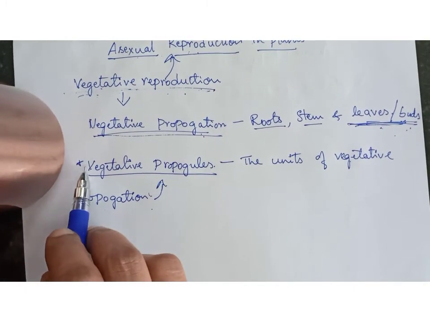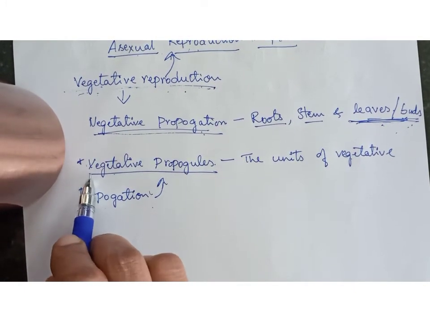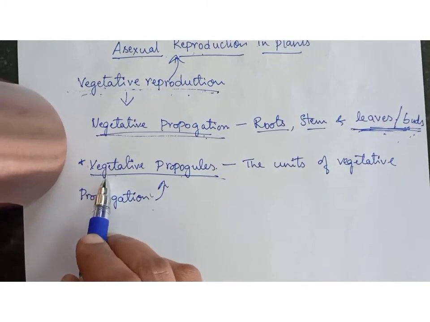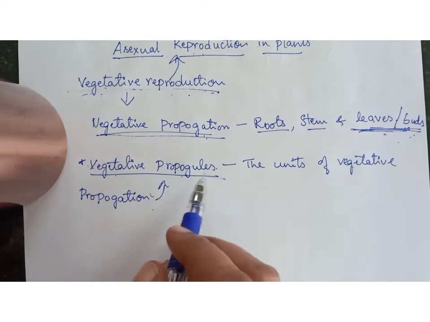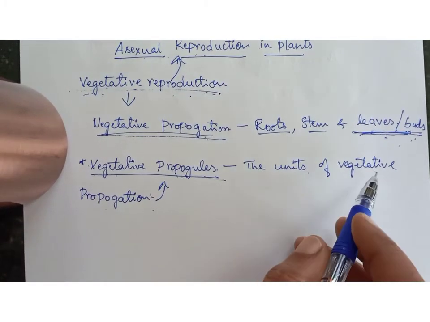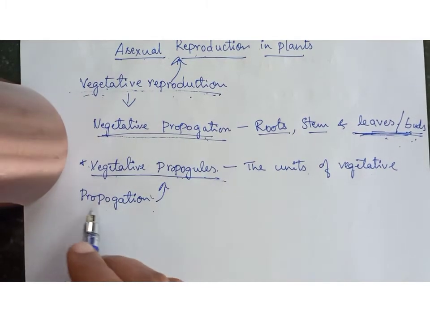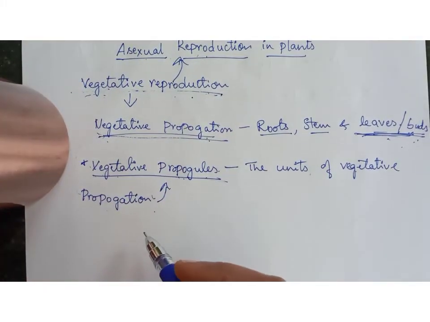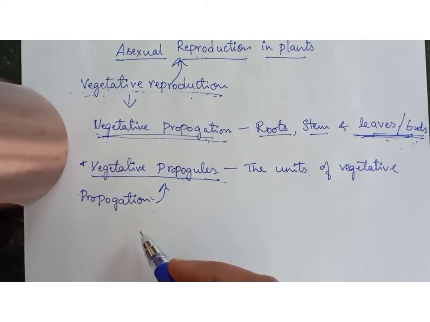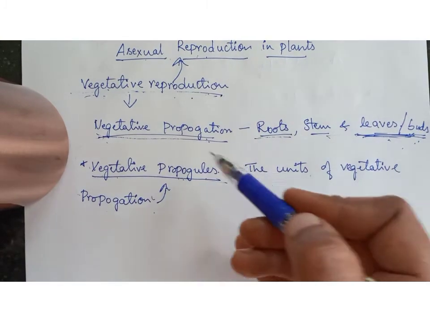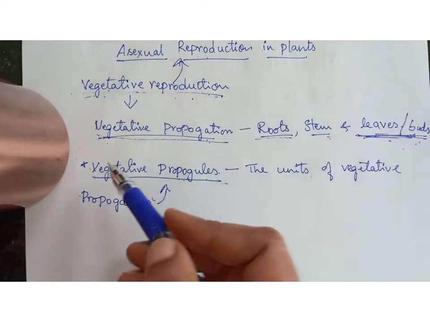It is also an important question that may be asked for 1 mark: what are vegetative propagules, and give examples. Vegetative propagules means the units of vegetative propagation. Vegetative propagation is a means of asexual reproduction in plants in which vegetative parts like roots, stem and leaves are involved to produce new individuals.